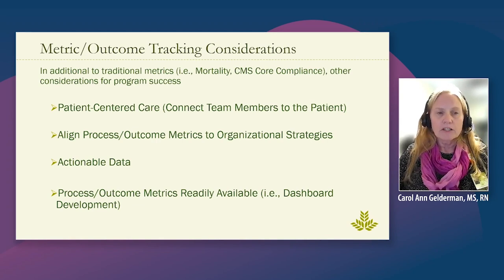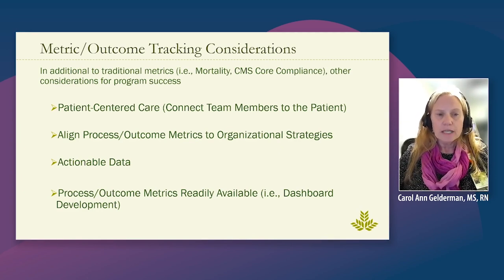One is making sure that we always have the patient at the center of that and connect the team members to that patient. I think that is probably the most important thing. Aligning the process or outcome metrics to your organizational strategic plan also helps with leadership buy-in.